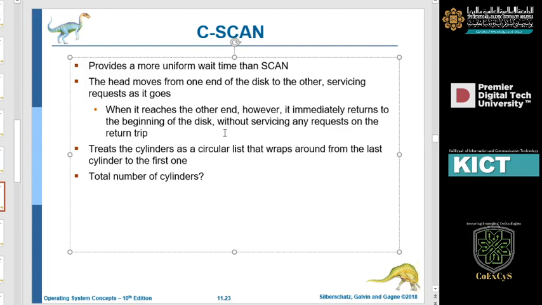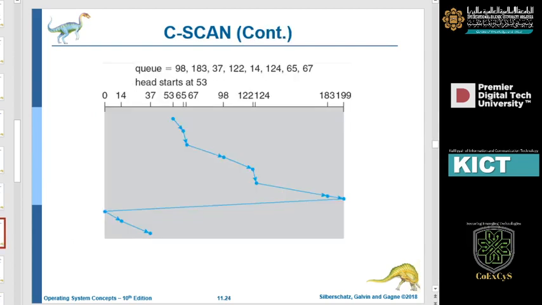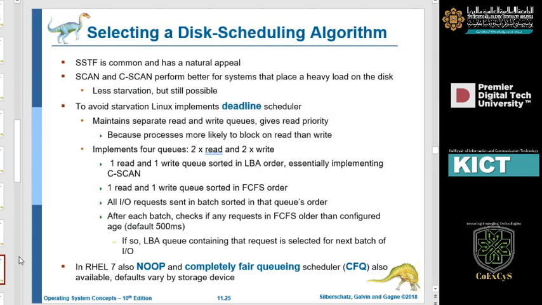So this makes it a bit faster. It doesn't have to stop, right? But basically what this guarantees is that it goes in one direction and then it'll just go back without any servicing. Now arguably this algorithm provides more uniform wait time for each of the processes, right?